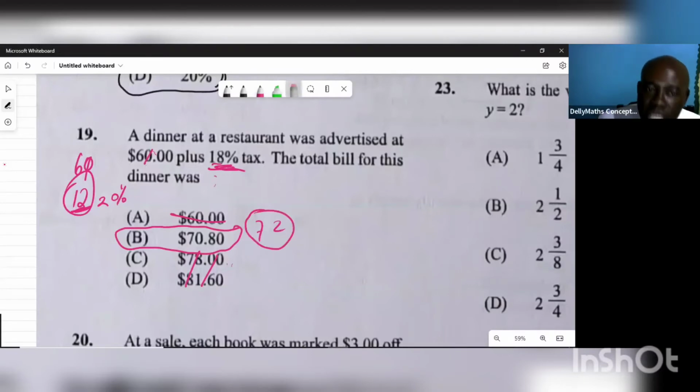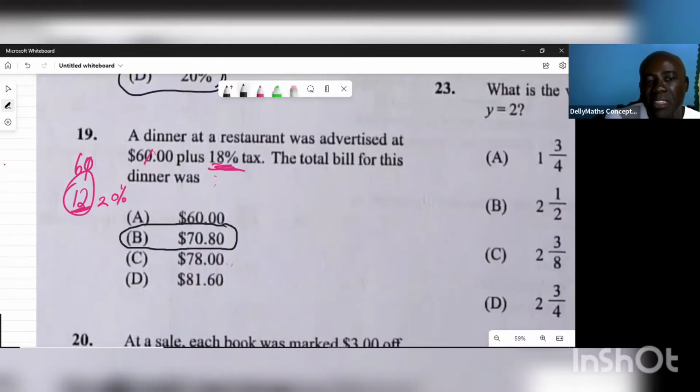So I could reason out the problem and then pick the answer just like that without even working out the answer, because I was able to eliminate things that are not the answer.